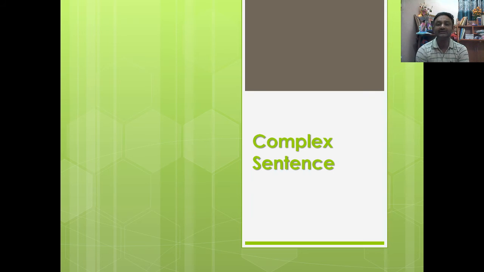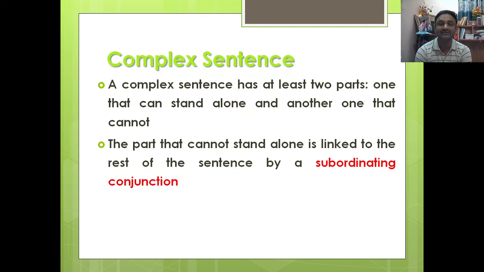Now look at the third and last section, the complex sentence. A complex sentence has at least two parts: one that can stand alone and another that cannot stand on its own. The part that cannot stand alone is linked to the rest of the sentence by a subordinating conjunction.